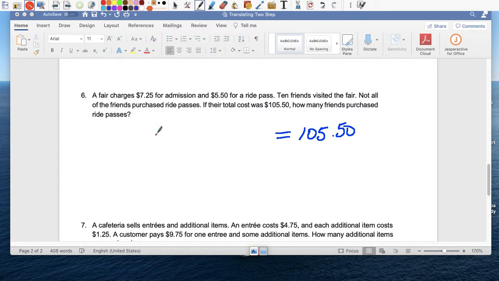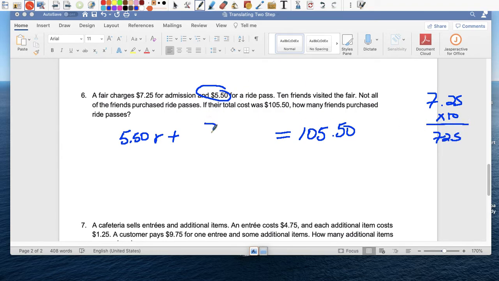So my variable is how many people paid for the ride passes. How much is each ride pass? $5.50, so 5.50 R, plus, that was just for the rides. And how much did they pay to get in? Well, 7.25 times 10, 10 people came, is $72.50.